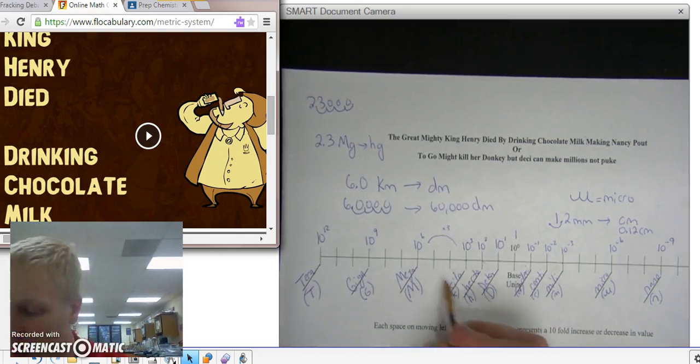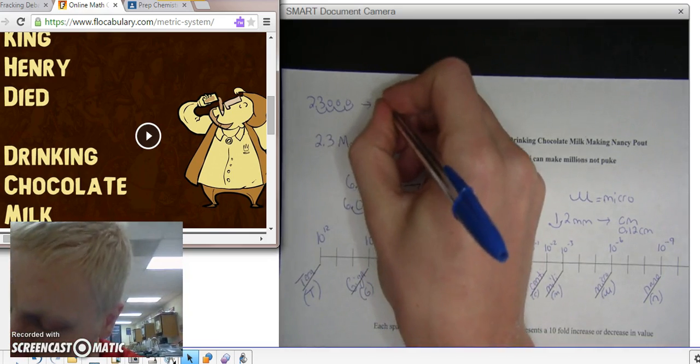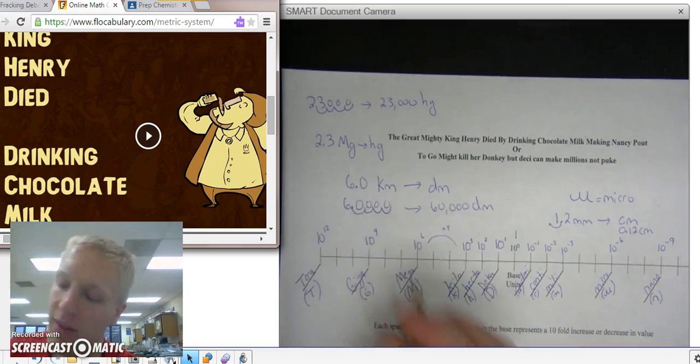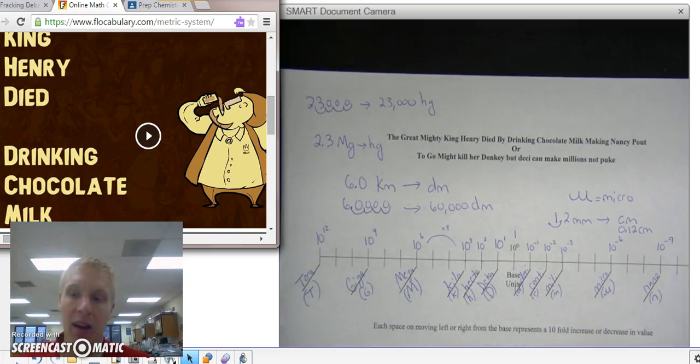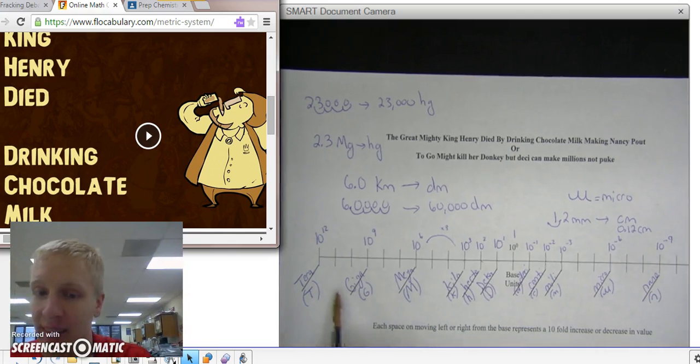And we're moving our decimal to the right because that's where we moved on the acronym. And that's going to give us 23,000 hectograms is equivalent to 2.3 megagrams.